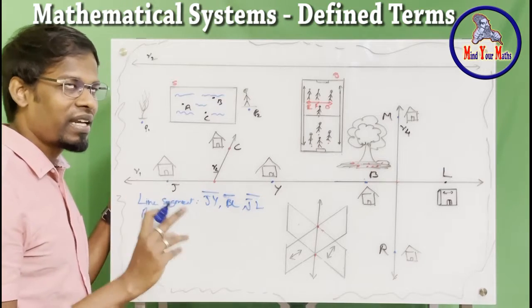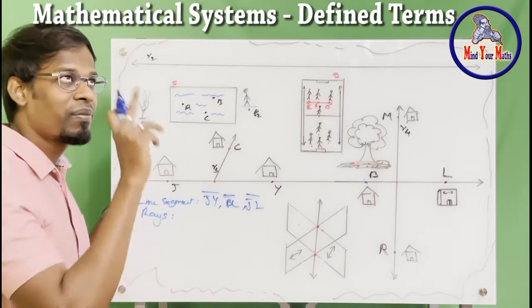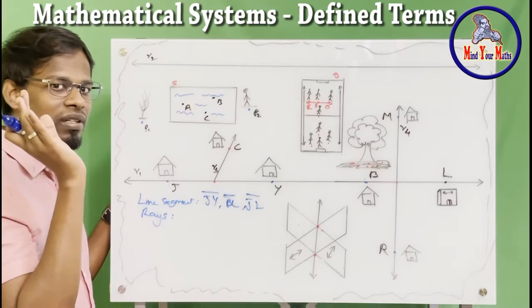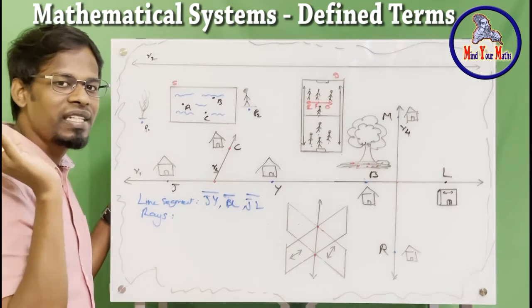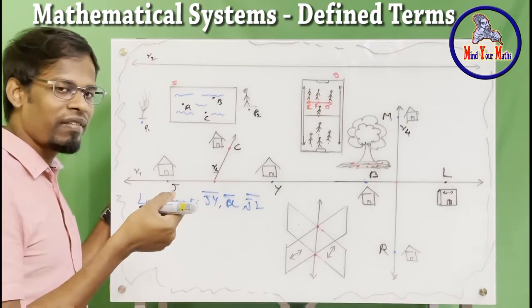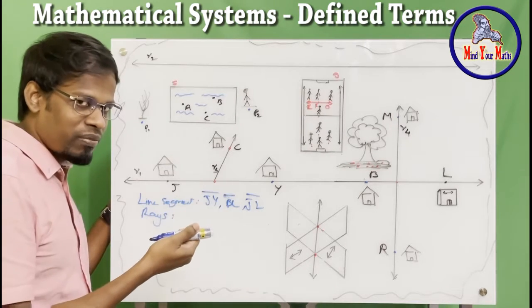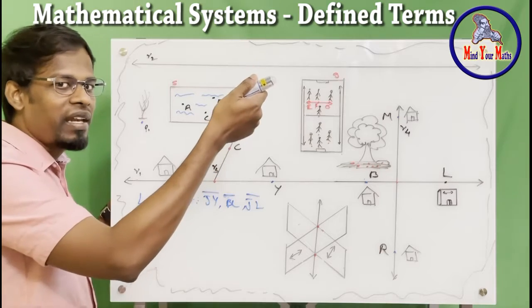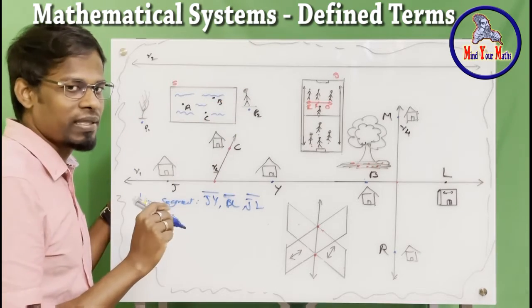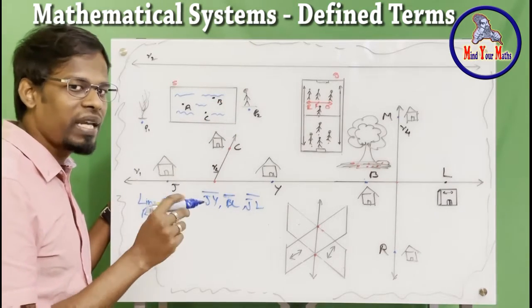But what it means is that it has a starting point. From the light, when the ray goes out, it goes everywhere as long as it is in the open space. For example, you have a torch light, you go out in the night, you turn it on, the light starts from you, but you don't know where it ends. It keeps going in the open space. So that is what a ray means.